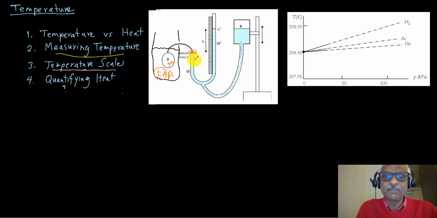Okay, so the gas's volume remains the same, and then you read off the pressure that you need to maintain the same volume, and that pressure is a proxy for the temperature.